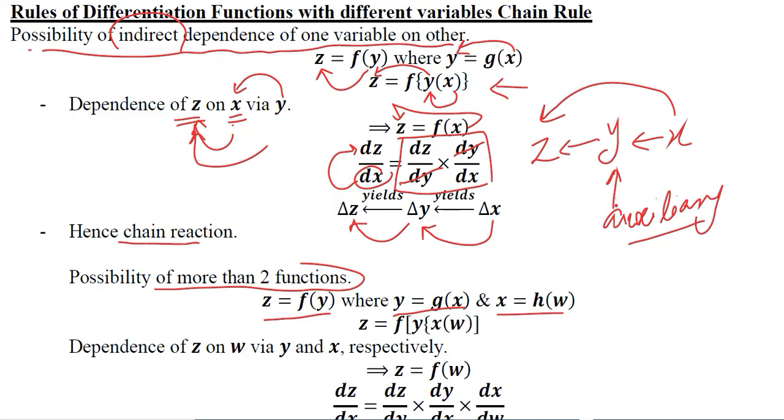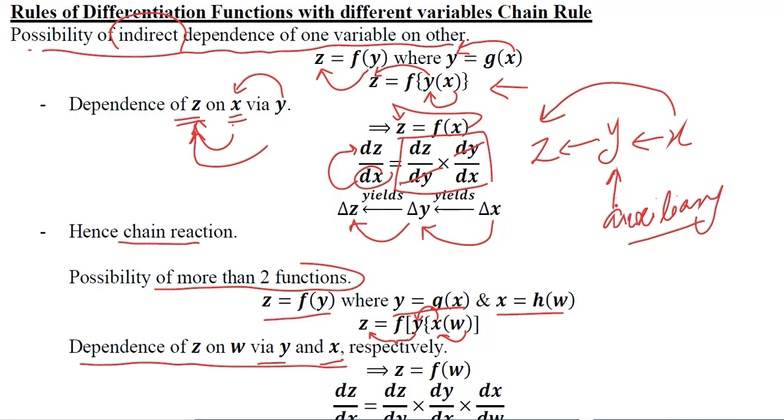So in this case w is causing x, and x is causing y, and y is causing z. So you see there are four variables and there are three functions that are connecting the relationships between these four variables. This is the same thing written in different words, that is the dependence of z on w via y and x respectively.